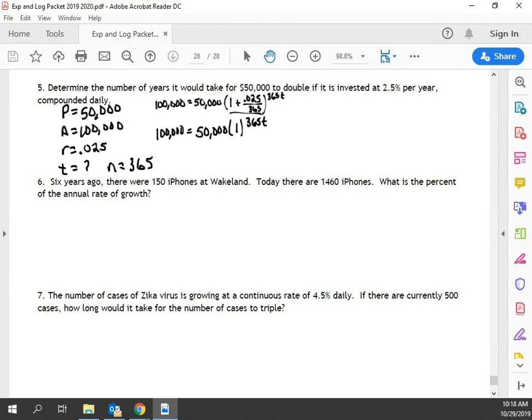We are solving this equation for t, correct? So what we have to do is get that exponential part of the equation by itself. That 1.000068493 raised to the 365t needs to be on one side all by itself. So what do I need to do here in order to get that by itself? Divide.